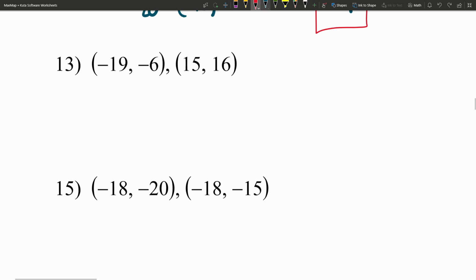Change in y over change in x. And I'll go ahead and start with this rightmost coordinate just to switch it up.